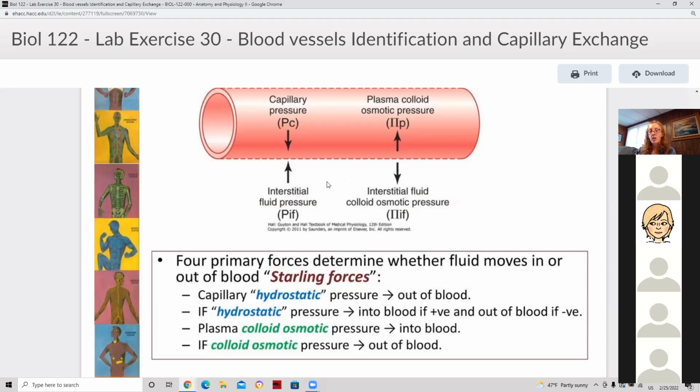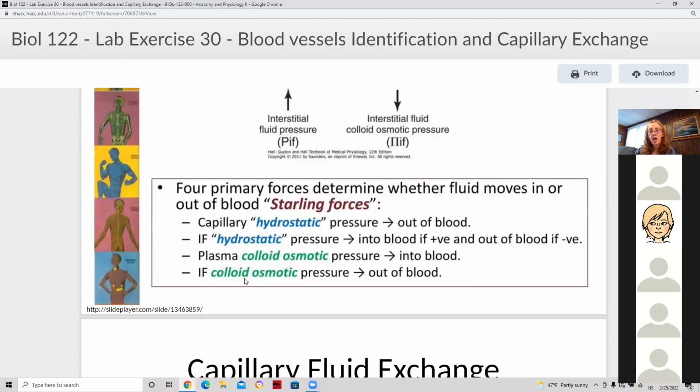There's the plasma colloid osmotic pressure, which is the pressure exerted by the proteins trapped within the capillary to bring fluid back in. And then there's the interstitial fluid colloid osmotic pressure, which is the pressure to pull things out of the blood into the interstitial tissue.